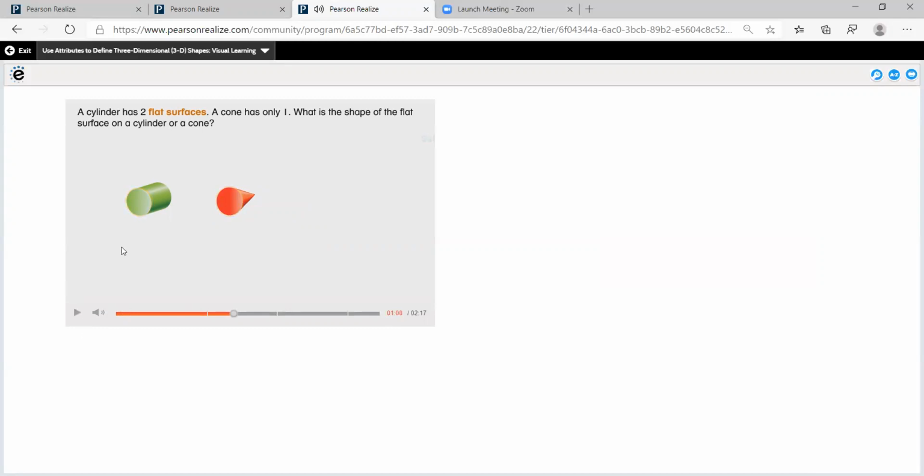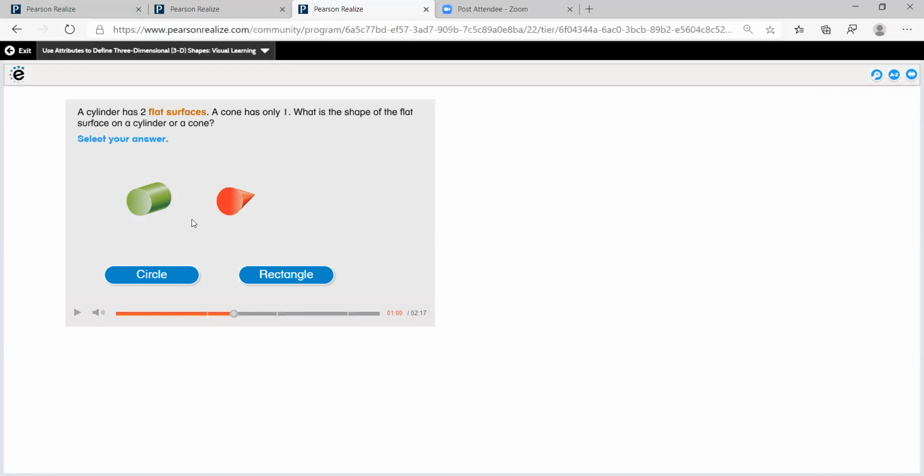A cylinder has two flat surfaces. You see one here, and there's a matching one at back. A cone has only one. The other side comes to a point. What is the shape of the flat surface on a cylinder or a cone? If we were to trace around each surface here, what shape would we make on our page?